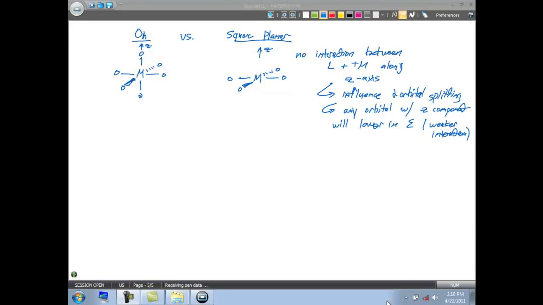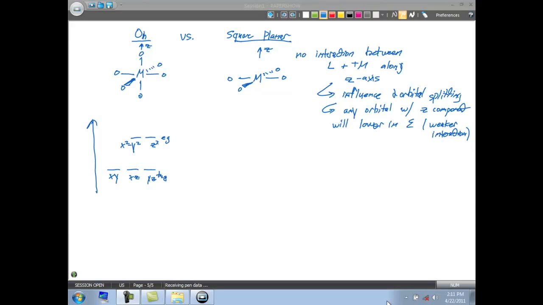So how is this going to influence our splitting diagram? We can draw in for an octahedron our t2g and our eg orbitals. And I'm actually going to label each of these as xy, xz, and yz, and x squared minus y squared, and z squared.